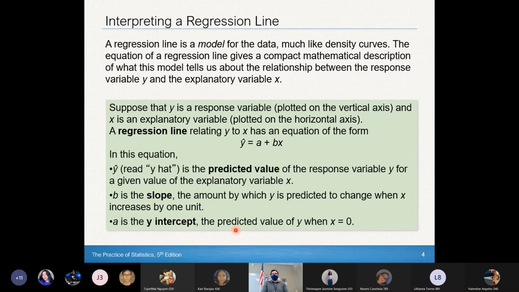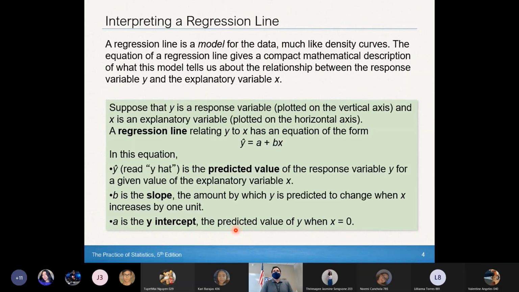In this equation, y hat is the predicted value of the response variable y for a given value of the explanatory variable x. It's a linear equation. As we've seen in previous math courses, y equals mx plus b. As x changes, y changes. y depends on x.